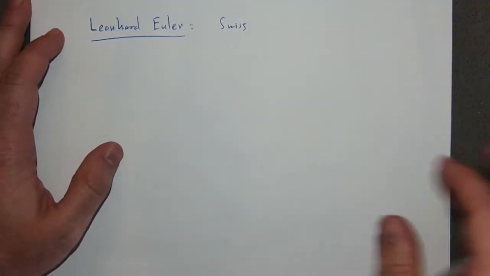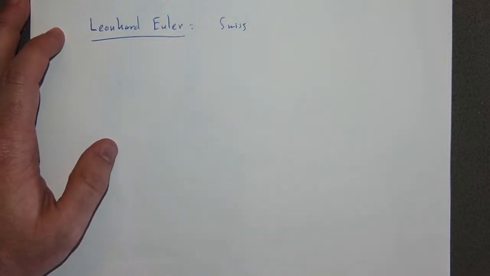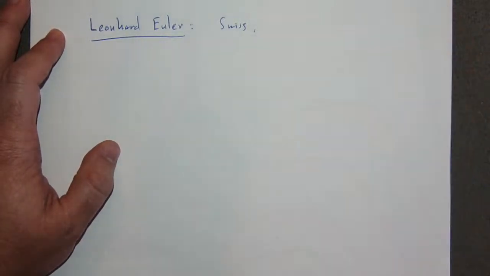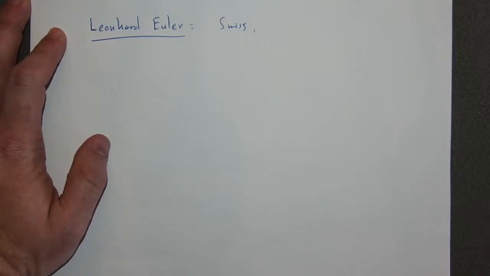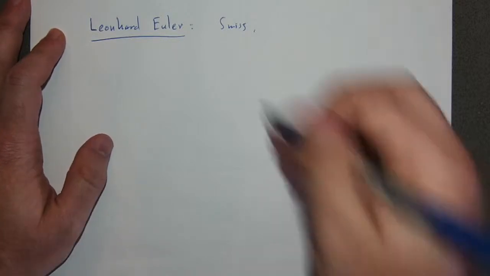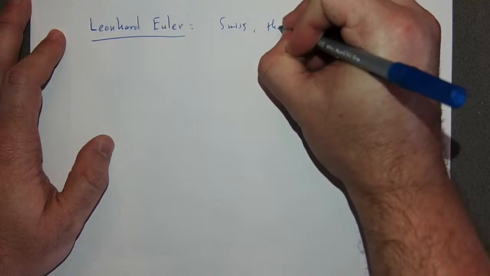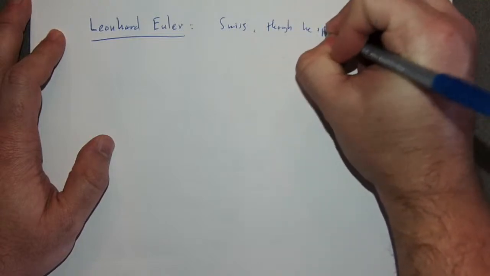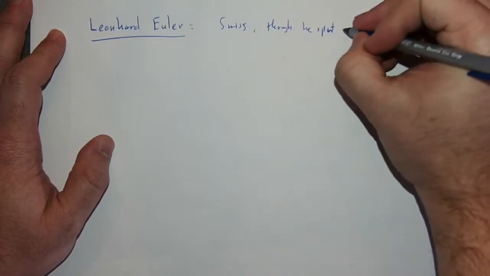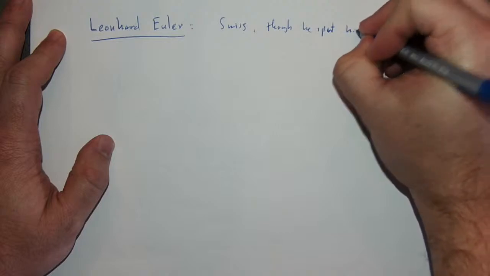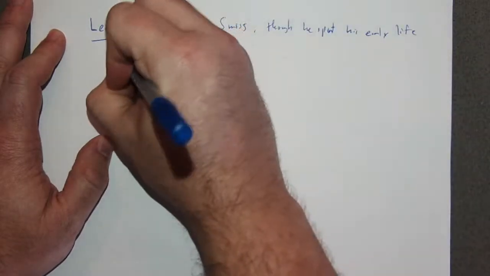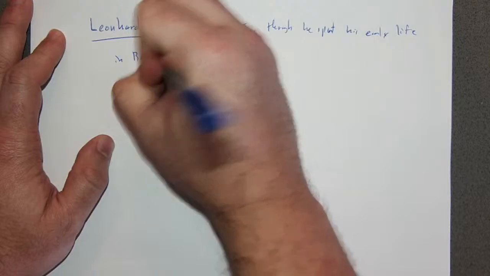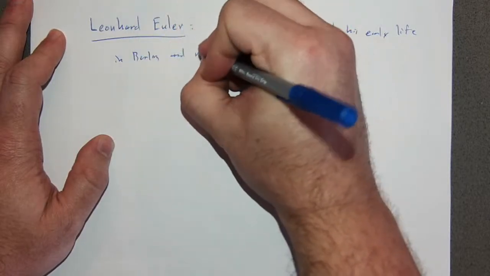Anyway, Euler was Swiss, though he spent a decent portion of his early life in Berlin, and most of his professional life in St. Petersburg.